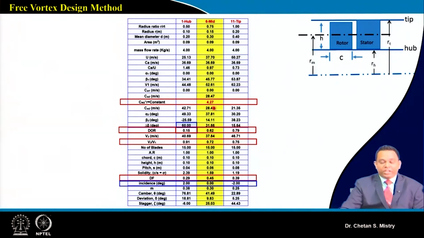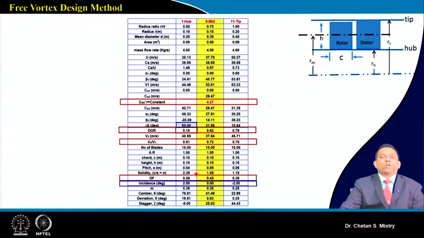Here in this case, as we have discussed, my delta beta at the hub is coming out large. Looking at other parameters, the degree of reaction near the hub is in range. Our relative velocity ratio is also in range, coming greater than 0.72.